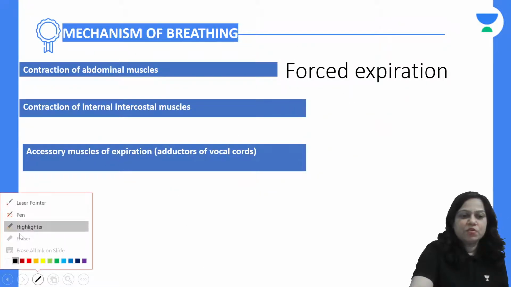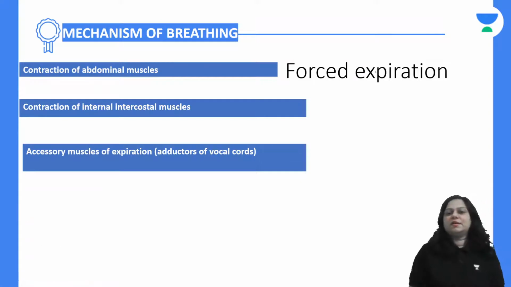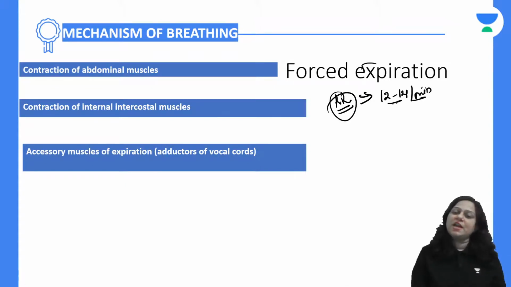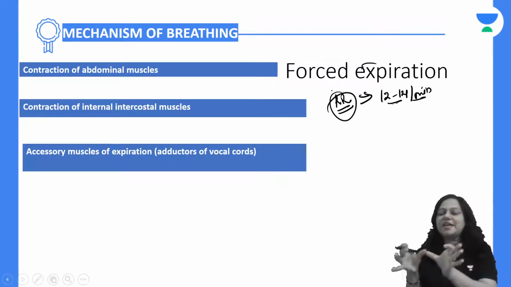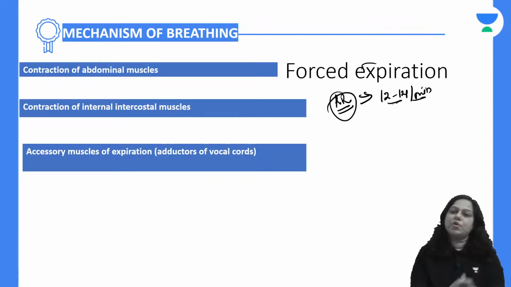Now come to the rate. Respiratory rate. How much is the normal respiratory rate? In adults, it is 12 to 14 per minute. When we say respiratory rate, we are counting the entire cycle of respiration, act of inspiration and expiration together as one. So how many respiratory cycles are there in 1 minute?